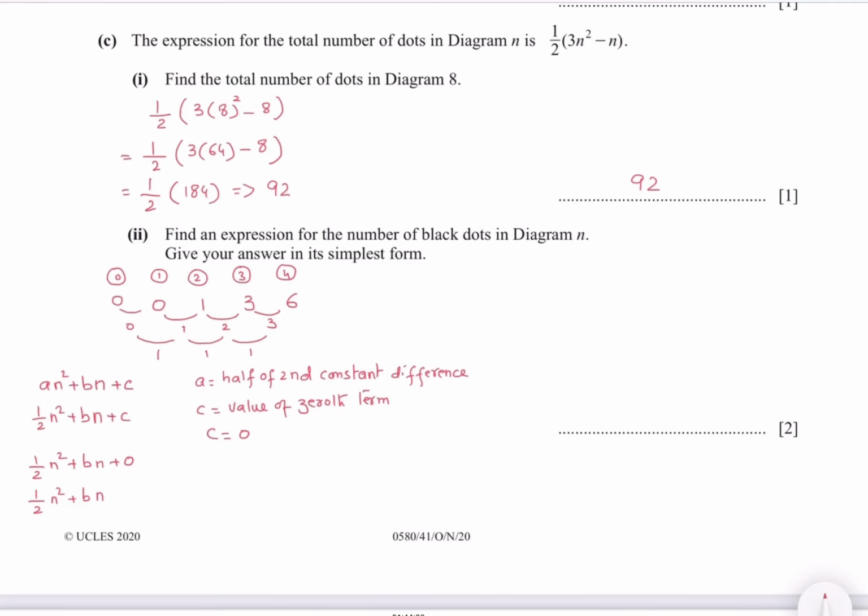Now to find b, always place 1 in n because it is simple to simplify. So when you place 1 in n, you have to equate it with the value 0, because the value of term 1 is 0, written under it.